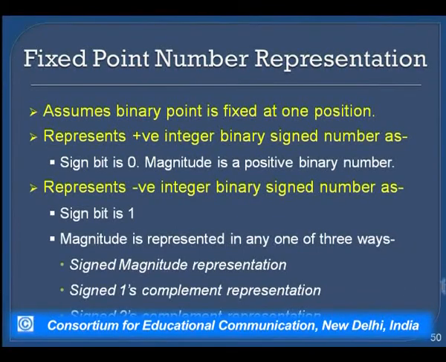When we are representing any number using fixed point representation, we have two cases. If the number is positive, then the MSB, or most significant bit, will be 0 and the rest of the digits will form the magnitude.